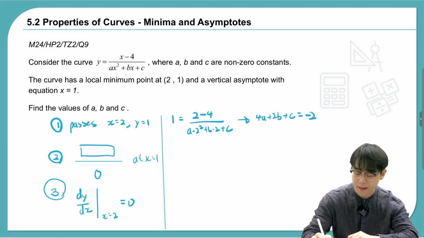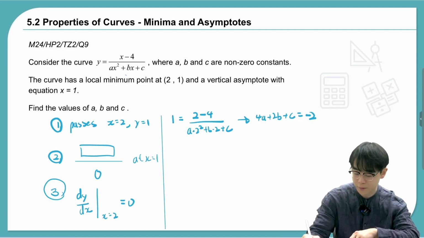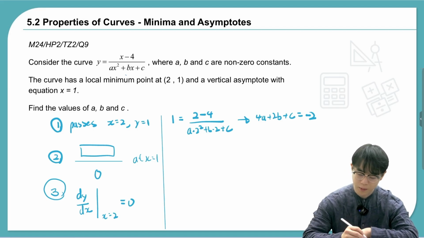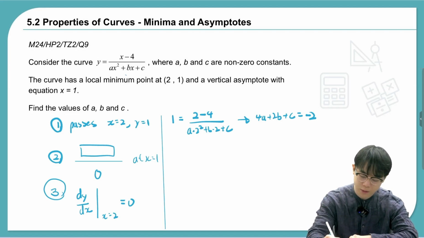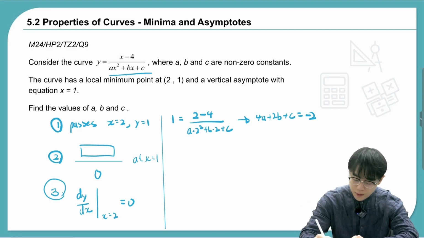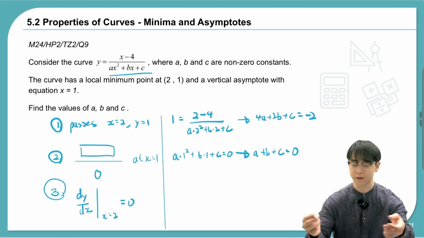We just multiply the denominator onto both sides of the equation, and simplifying, we get 4a plus 2b plus c is minus 2. The second one, we need to know that ax squared plus bx plus c is going to equal 0 when x equals 1. So a times 1 squared plus b times 1 plus c is going to be equal to 0. So a plus b plus c equals 0. So that's our second piece of hint.